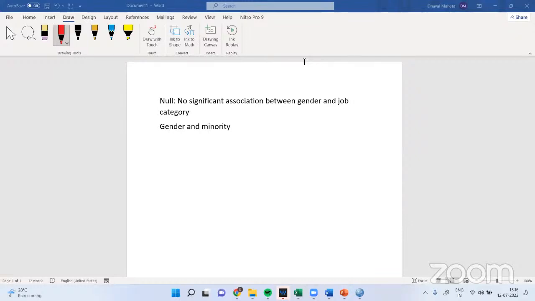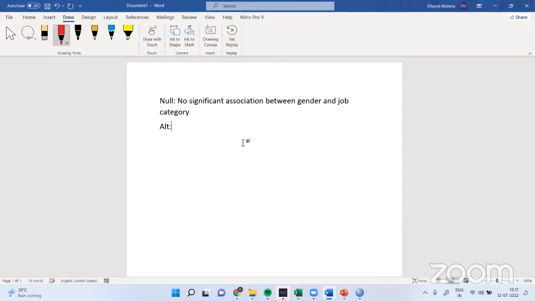No significant association between gender and minority. Excellent. One more opportunity. Minority and education level. Okay, very nice. Good.